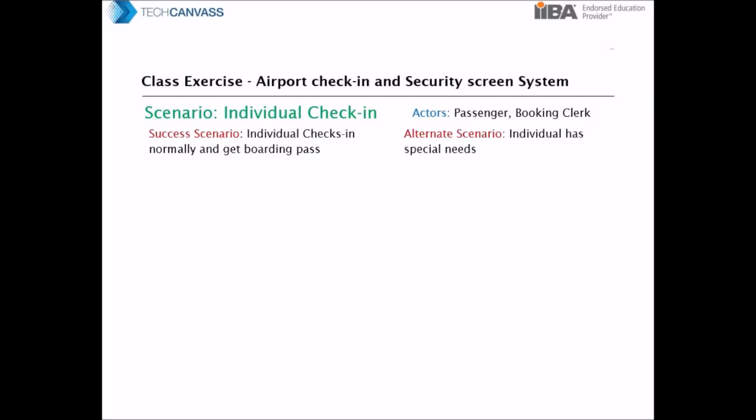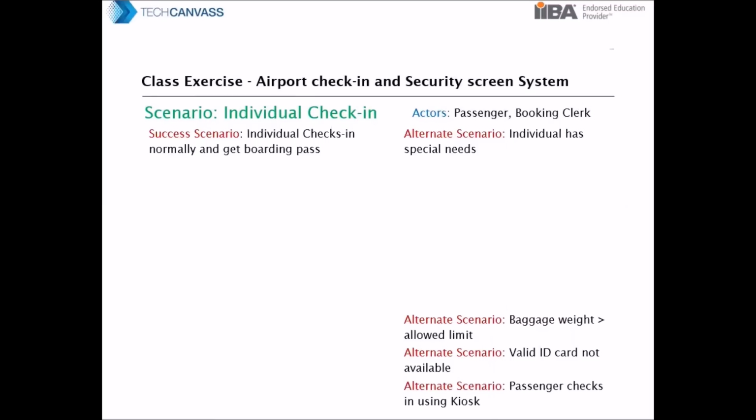But at the time of check-in, there could be a scenario that the individual has a special need. That's called an alternative scenario. The third possibility is the baggage weight is greater than the allowed limit. The fourth scenario is a valid ID card is not available. The fifth scenario is the passenger can check in using a kiosk.